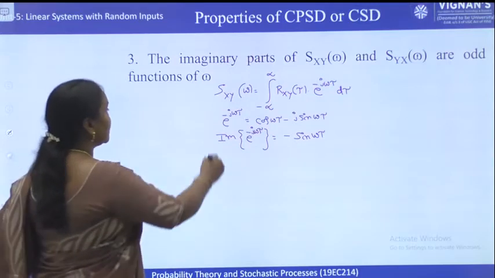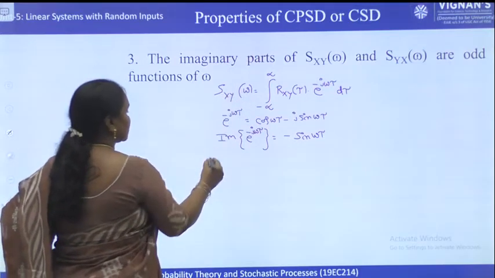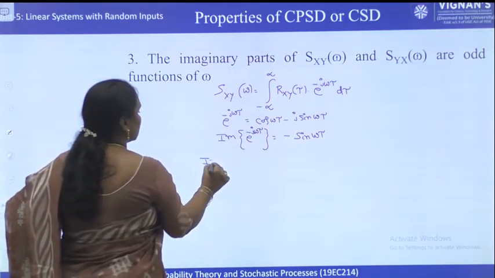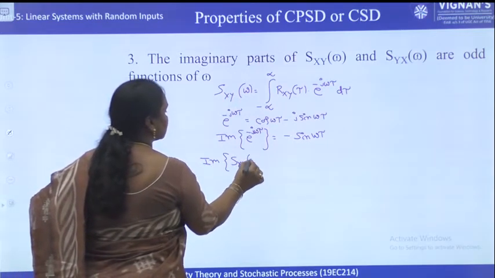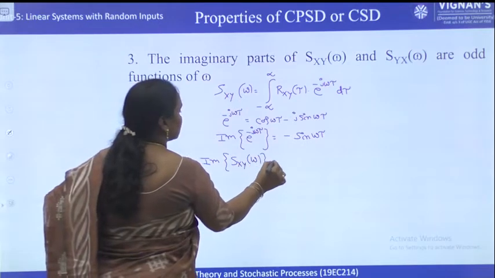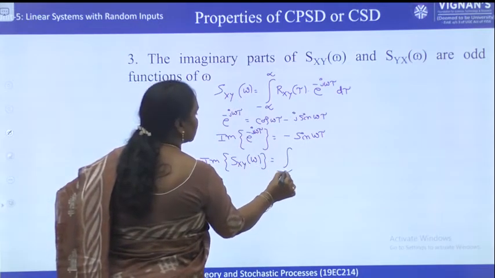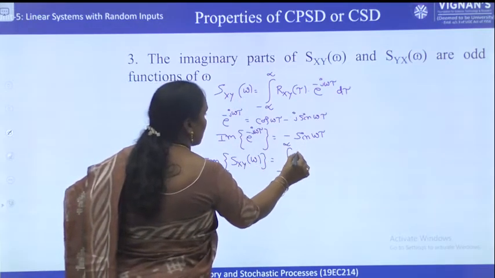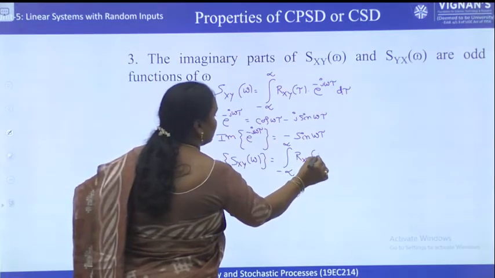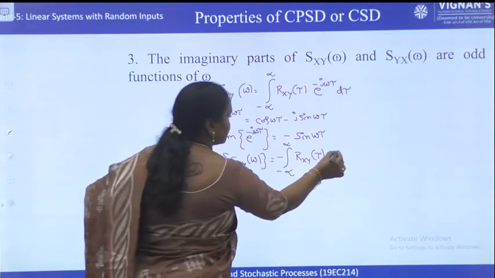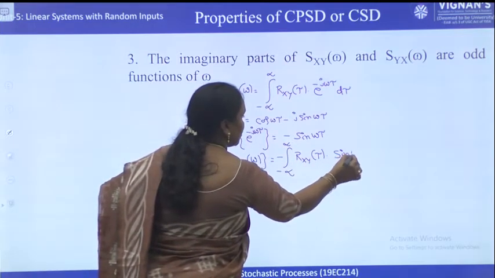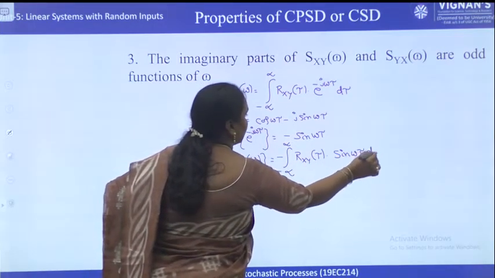Now, let us consider the imaginary part of Sxy of omega. So, the imaginary part of Sxy of omega becomes integral minus infinity to infinity r xy of tau into minus sin omega tau d tau.